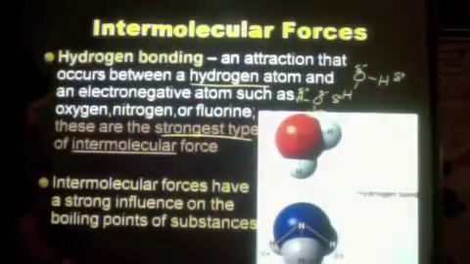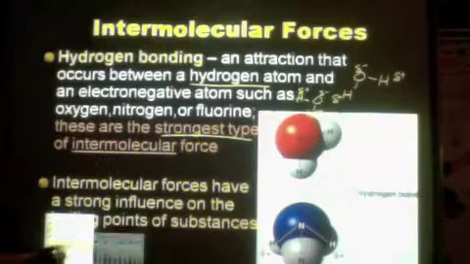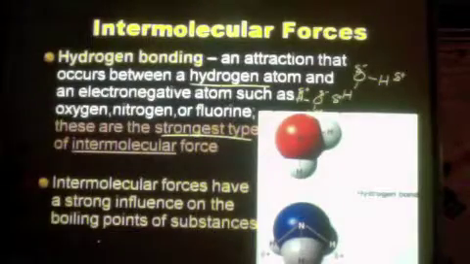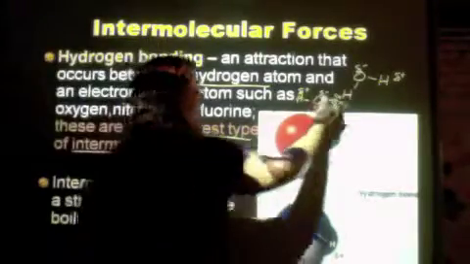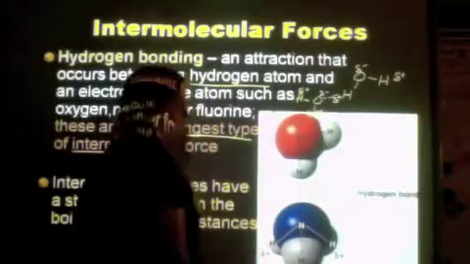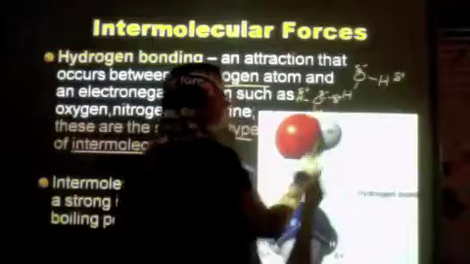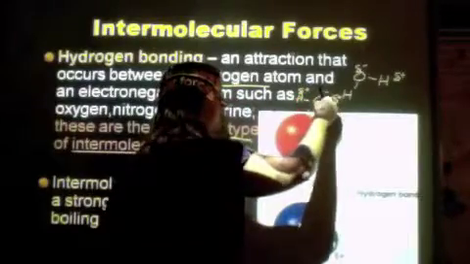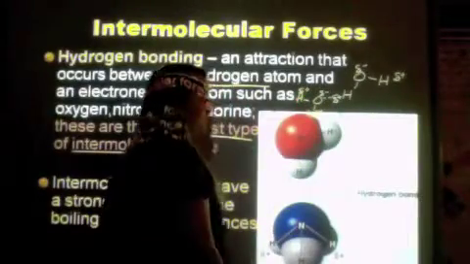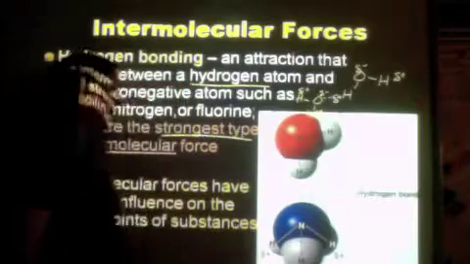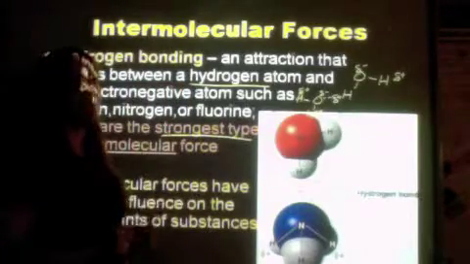So what ends up happening is you have these partials all over the place, so they're going to become attracted to each other. This partially positive hydrogen of one molecule is attracted to this partially negative oxygen in the other, which therefore gives water a sticky property.